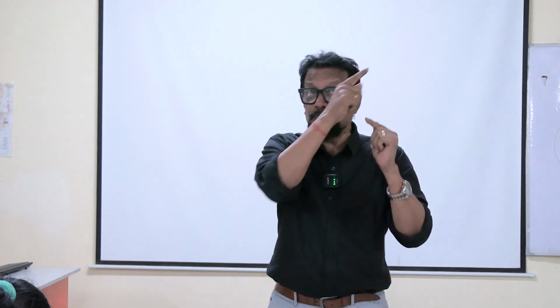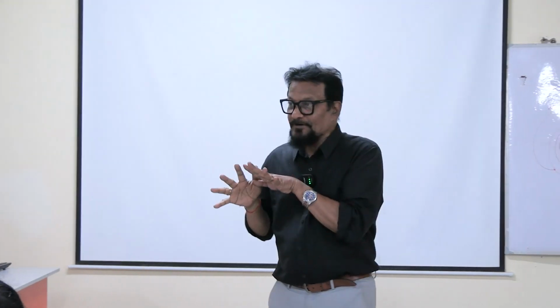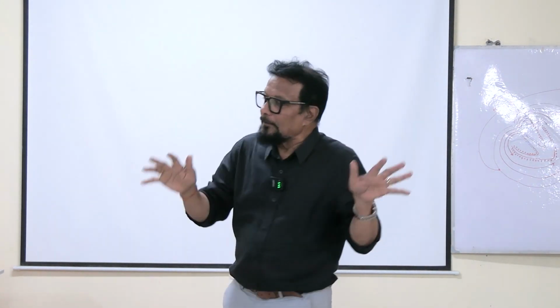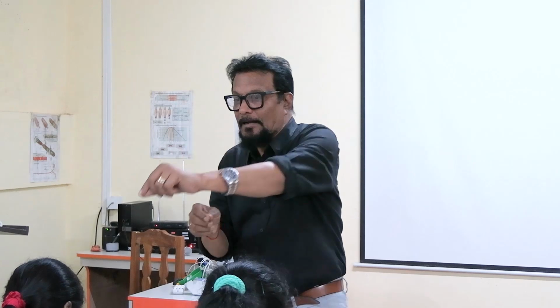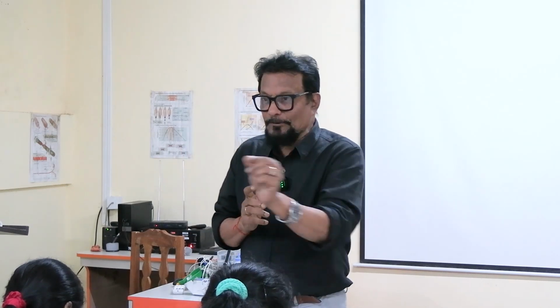Otherwise, you will not understand. So you see, from the right atrium, means SA node, first all the right atrial muscle will get it, then the left atrial muscle, then it will come to the AV node. From there, it will enter into the bundle of His, but here there will be a delay.